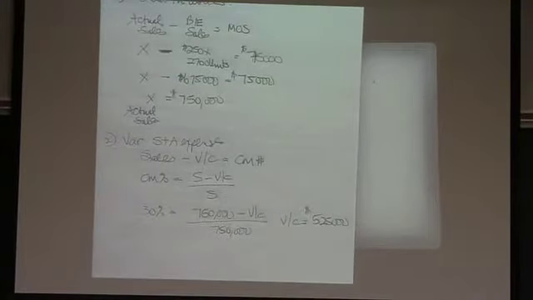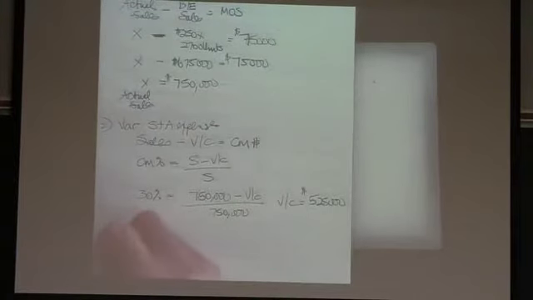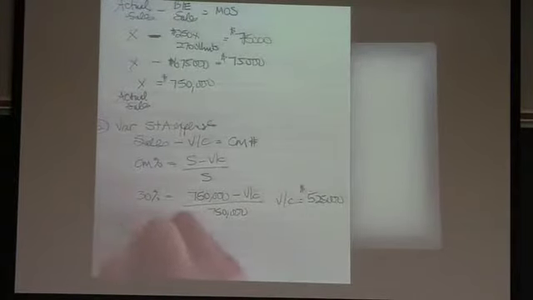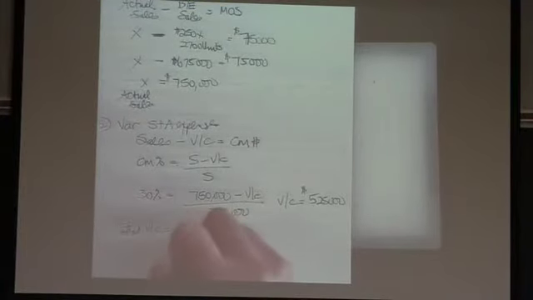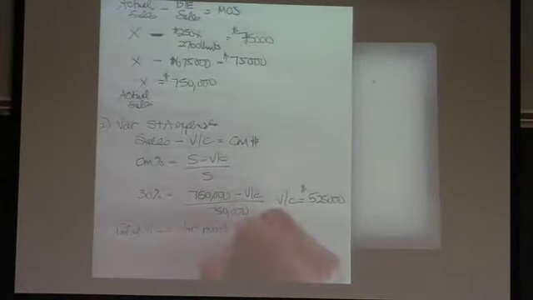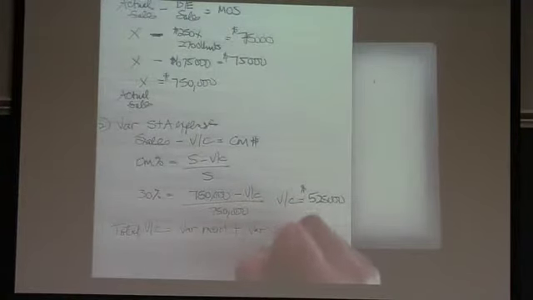Now that we know the variable cost, that's a total variable cost, it equals variable manufacturing overhead, let's call it MOH, plus variable selling and admin.